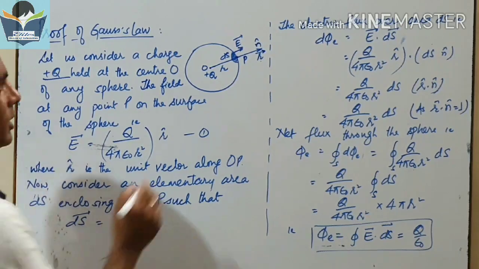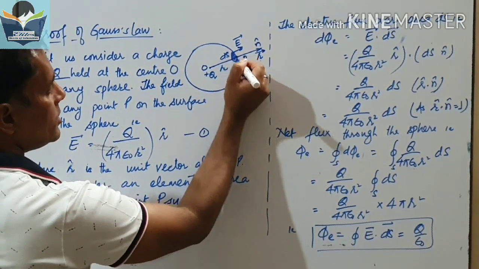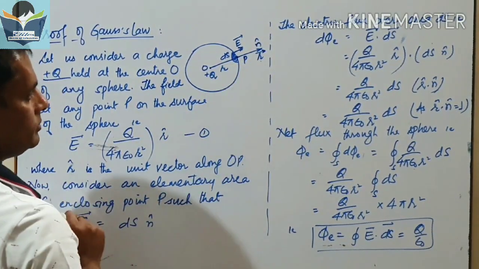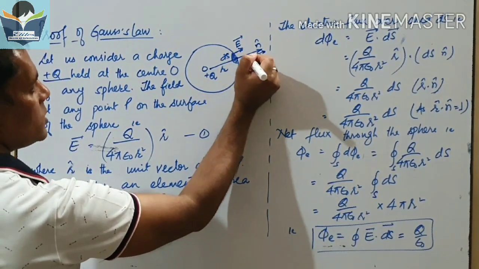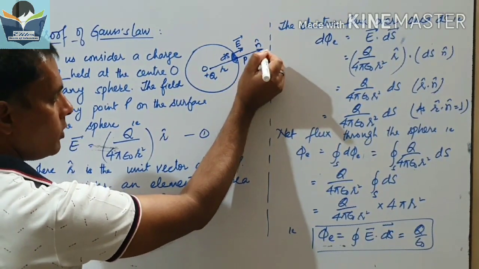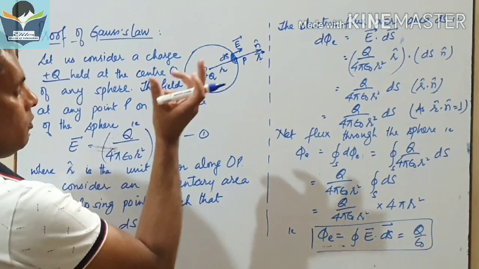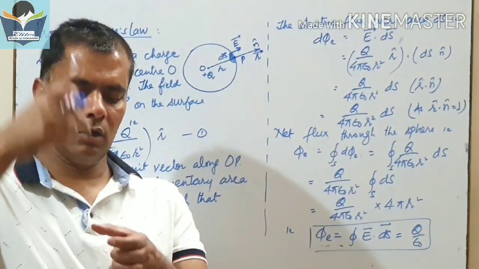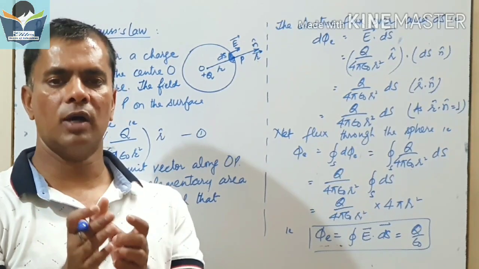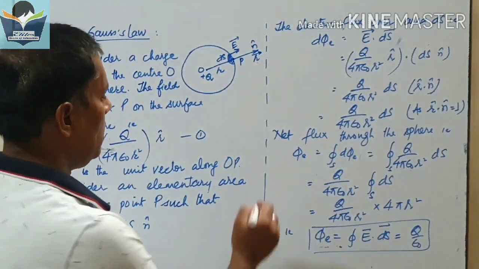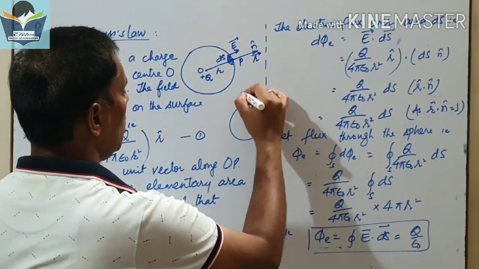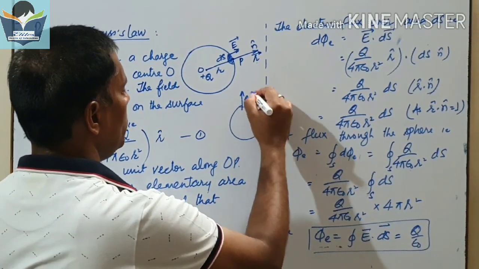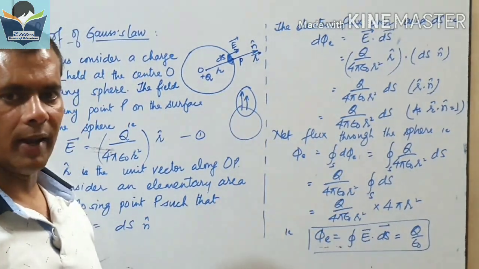Now we consider an elementary area ds surrounding the point P. So the area vector for ds will be normally outward, that is n cap. We can see that for a sphere, the radially outward and the normally outward are in the same direction.